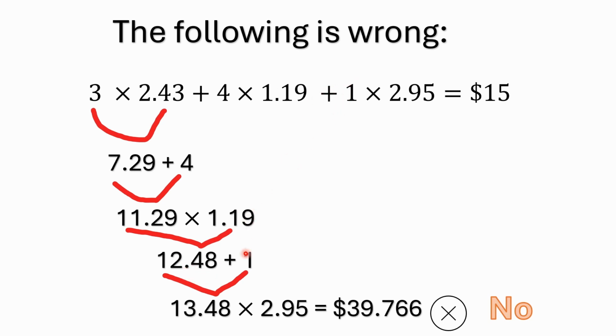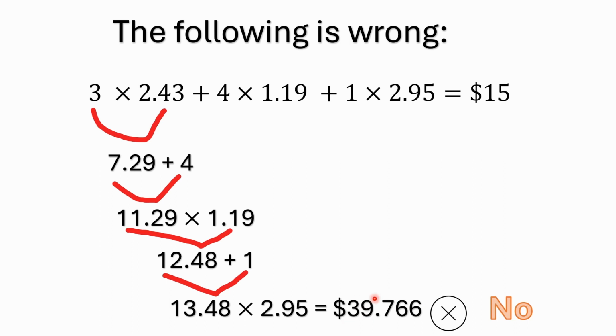Then adding this 1, 13.43 plus 1 is 14.43. Then they'd be multiplying by the 2.95 because they're just moving left to right. They're not following order of operations. They're going to end up with $39.76.